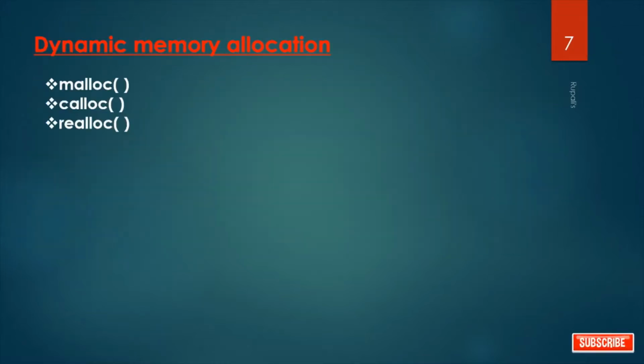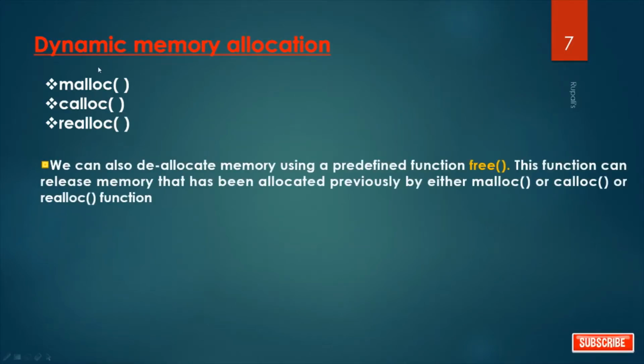So, dynamic memory allocation is done by the predefined functions malloc, calloc and realloc. We can also deallocate memory using another predefined function, free. This free function can release memory that has been allocated previously by either malloc, calloc or realloc.